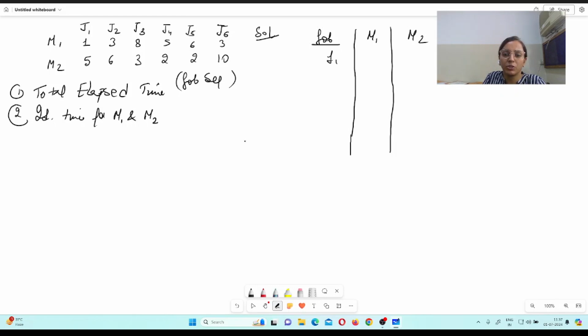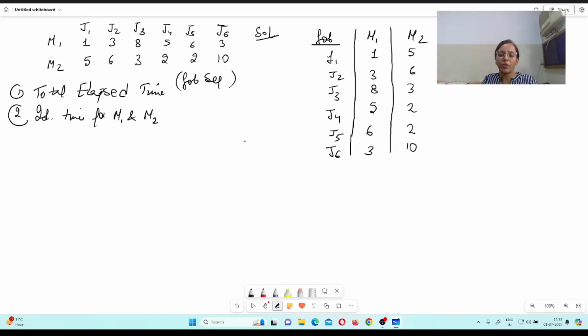We have jobs J1, J2, J3, J4, J5 and J6. Machine 1 requires 1, 3, 8, 5, 6. This is the processing time required by machine 1 in minutes. In machine 2, it is given as 5, 6, 3, 2, 2 minutes and 10 minutes.